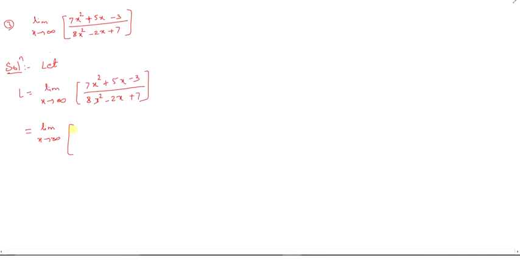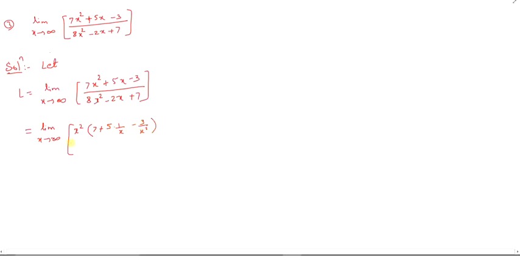Now I want to tell you the same example in another way. That is, if we take x square common, then what remains inside the bracket? So divide each term by x square. If we divide by x square, then x square gets cancelled, only 7, plus 5x gives 5 into 1 by x, minus 3 by x square.